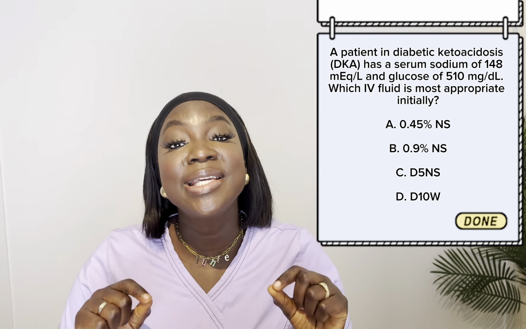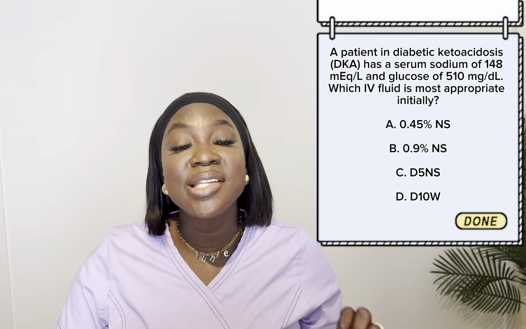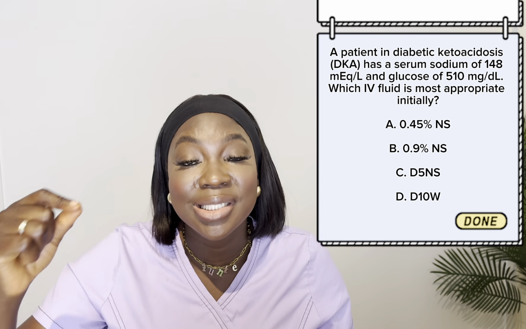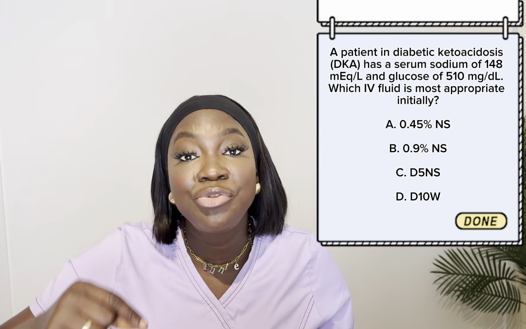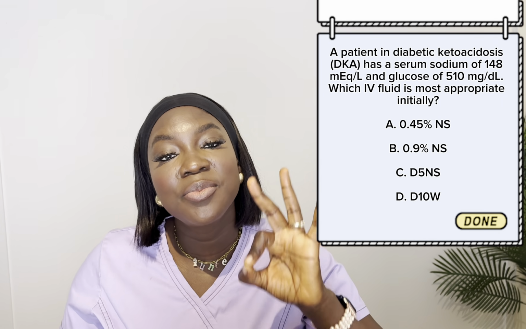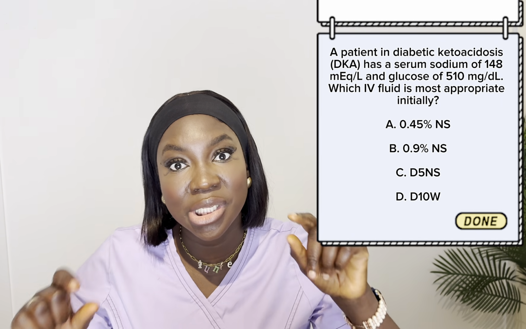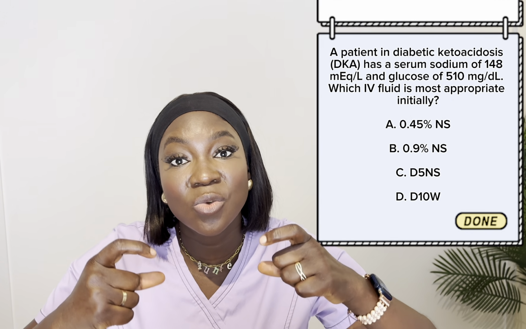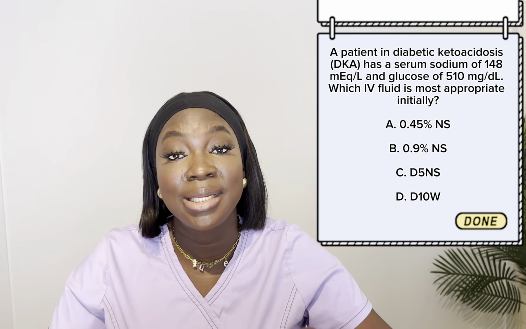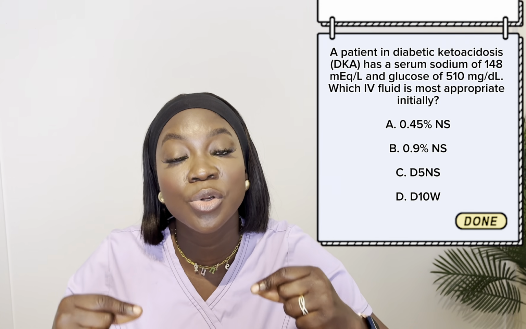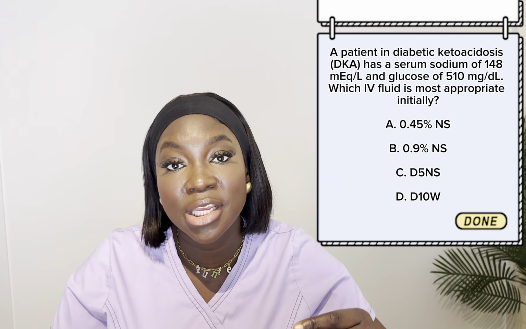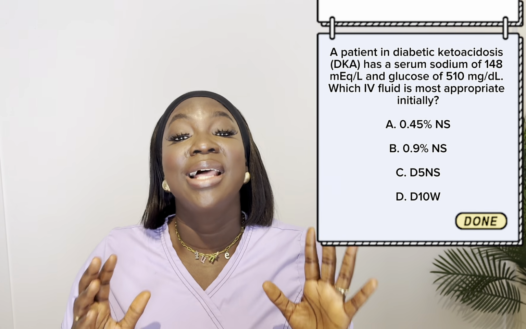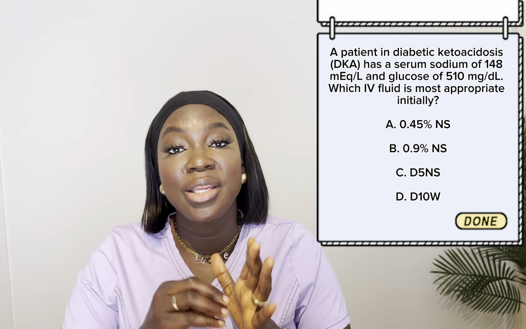In DKA, our priority is fluid volume resuscitation to prevent circulatory collapse. So we give them 0.9 normal saline, which is an isotonic fluid, so this fluid stays in the vessel, in the intravascular space. This will help to expand circulatory volume quickly, and that is what we want. They are dehydrated, they need fluid resuscitation, and that is why we are using 0.9 normal saline.